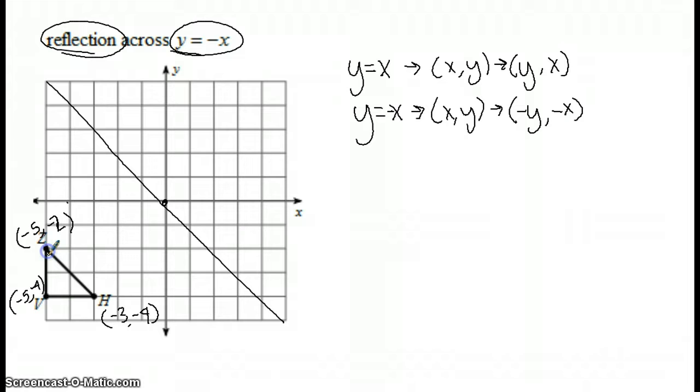So if I have -5, -2, it's going to map to +2, +5, and this will be called z prime. -5, -4 will map to -4, +5, and we'll call it v prime. And -3, -4 will map to +4, +3, and we'll call that h prime. Here is my reflected triangle.